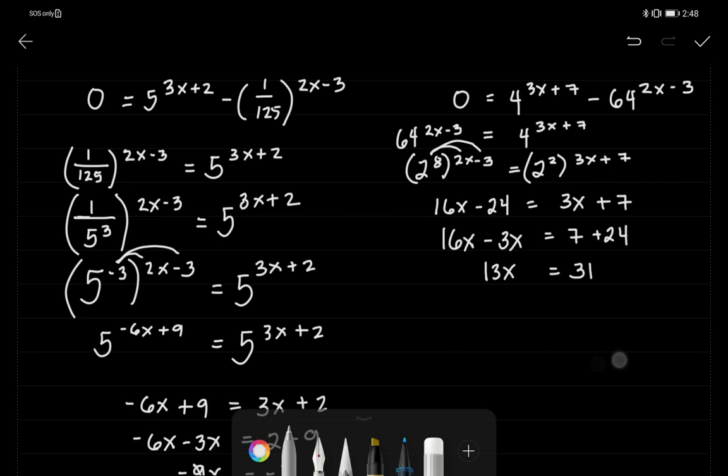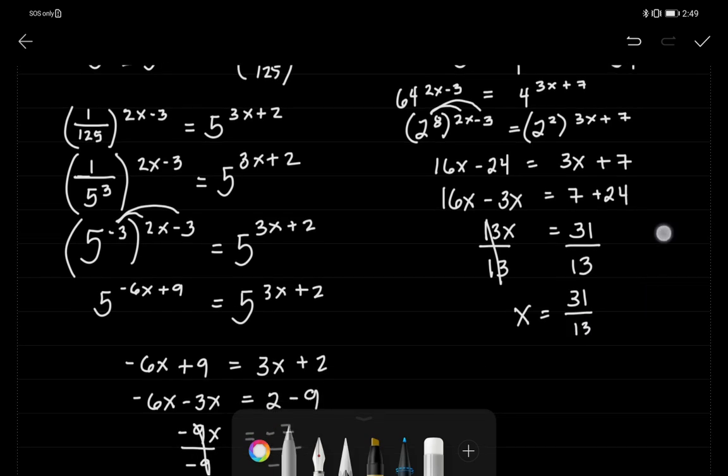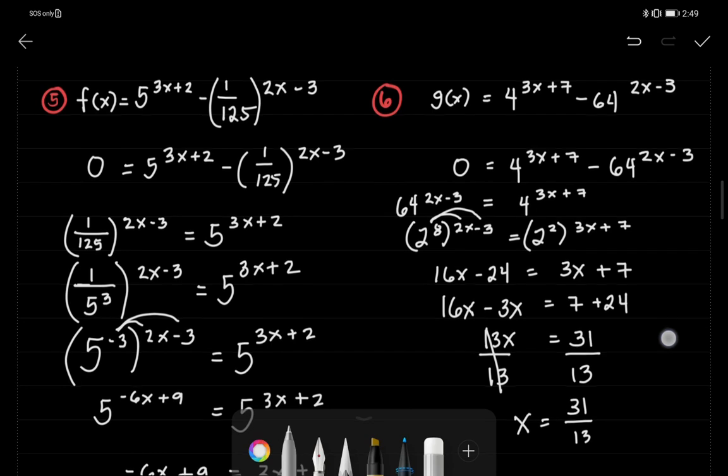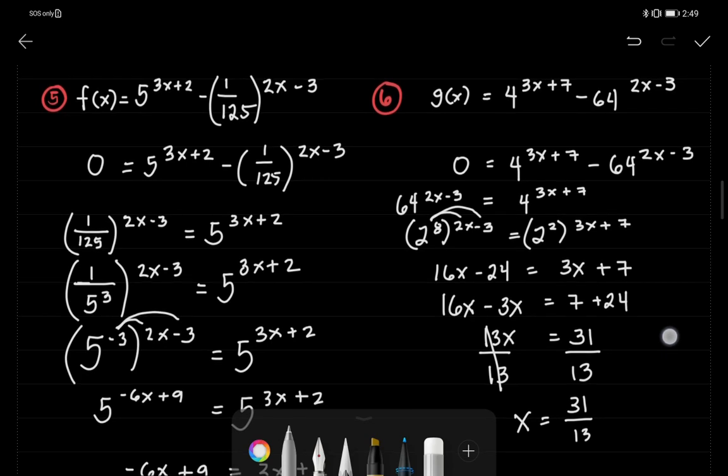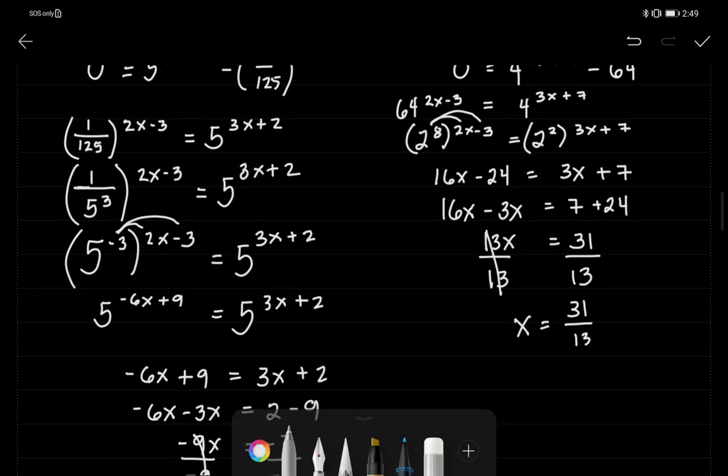Then, divide both sides by 13, by 13. So, ang x natin is equivalent to 31/13.